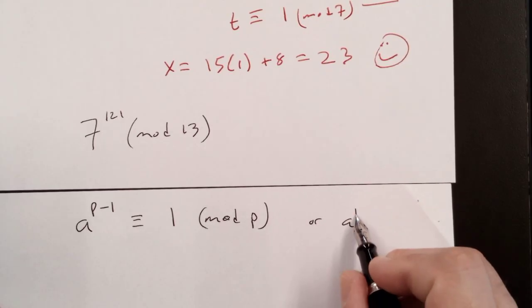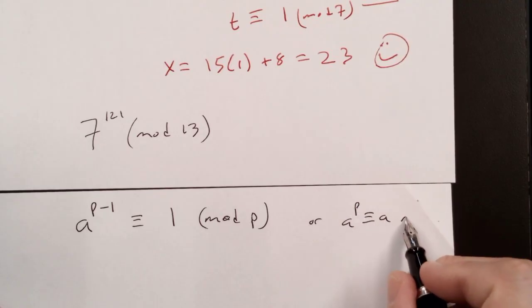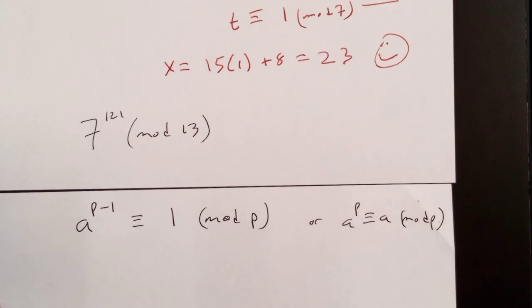Or a to the p is congruent to a if you add one more multiple on each side. Now, why does this help me? What possible benefit could I get out of this? I want to do 7 to the 121st power.